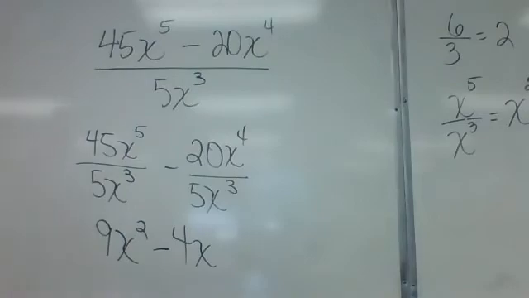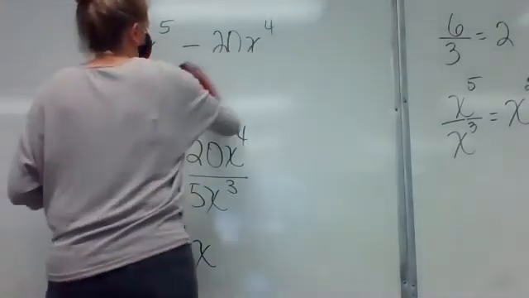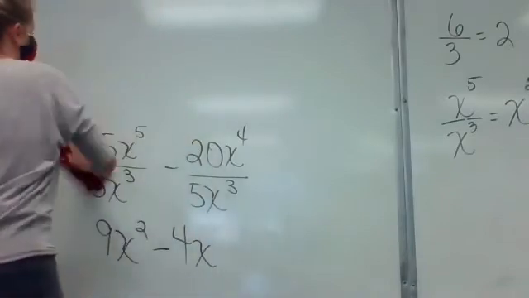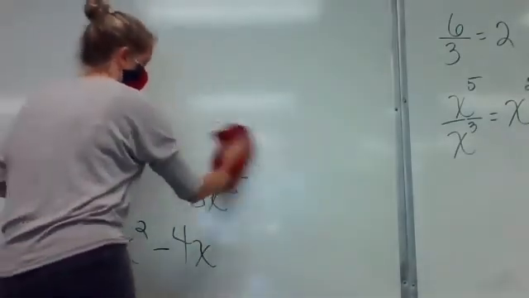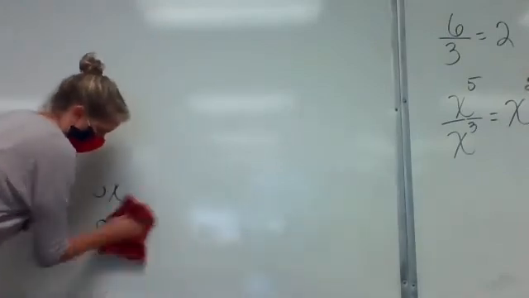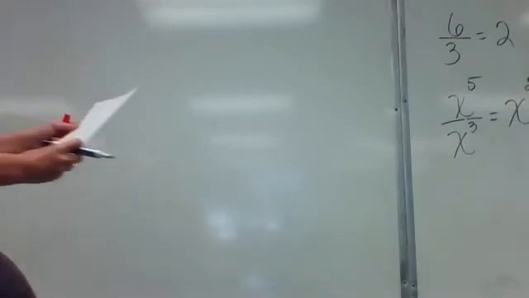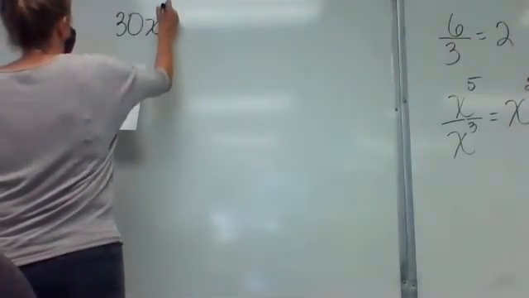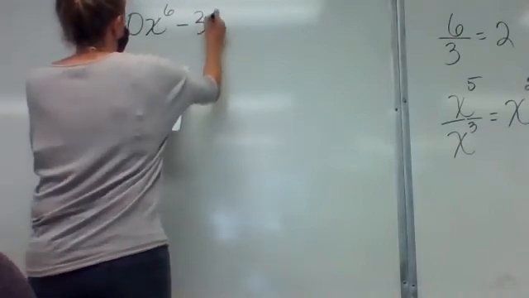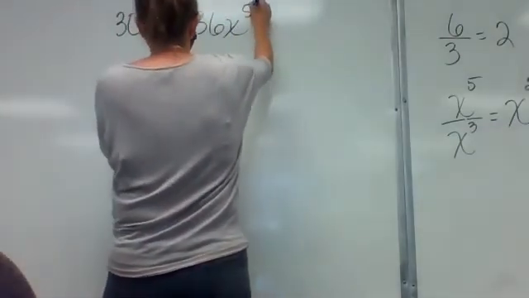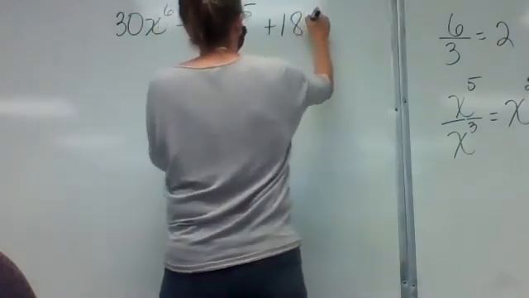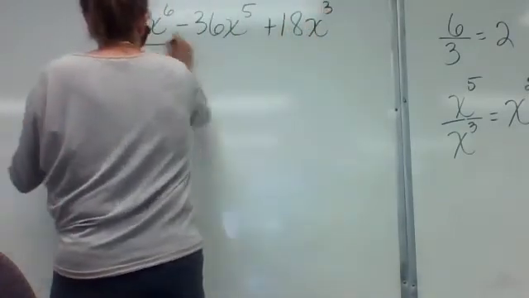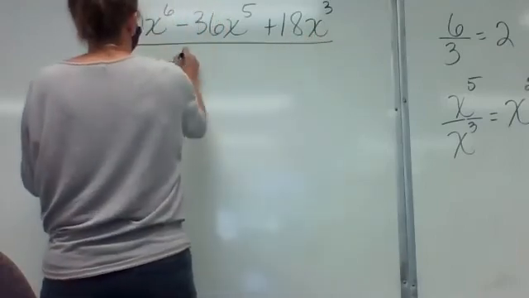All right, now let's move on to number 2. The only thing that's happening in number 2 is just a little sign. Got to be careful on this 5. 30x to the 6th minus 36x to the 5th plus 18x to the 3rd, all over negative 6x to the 3rd.